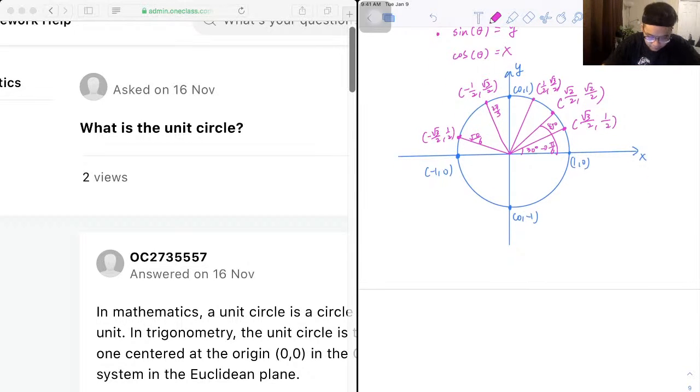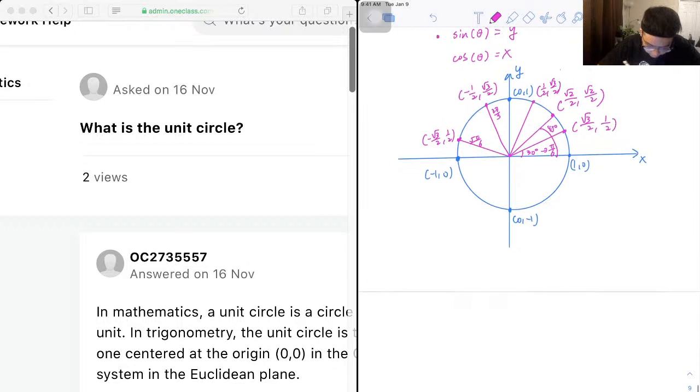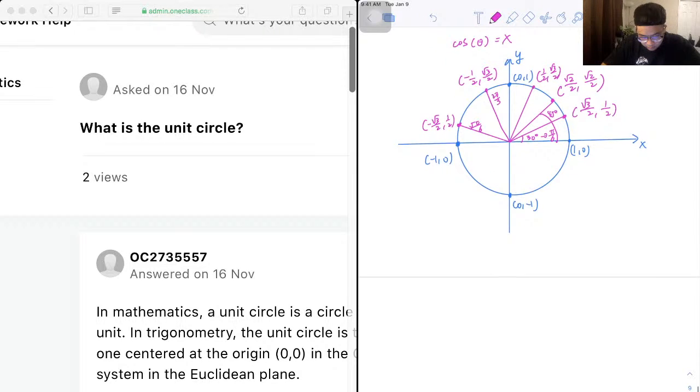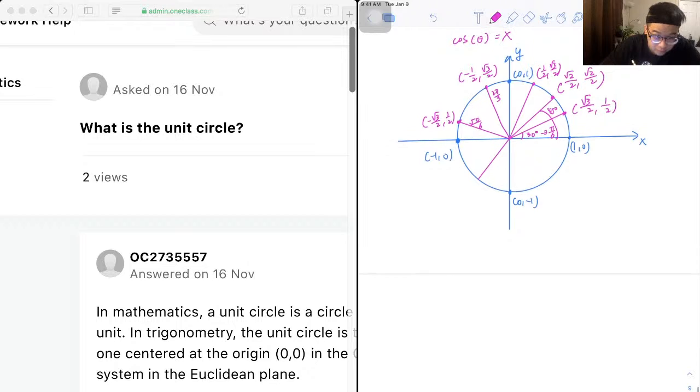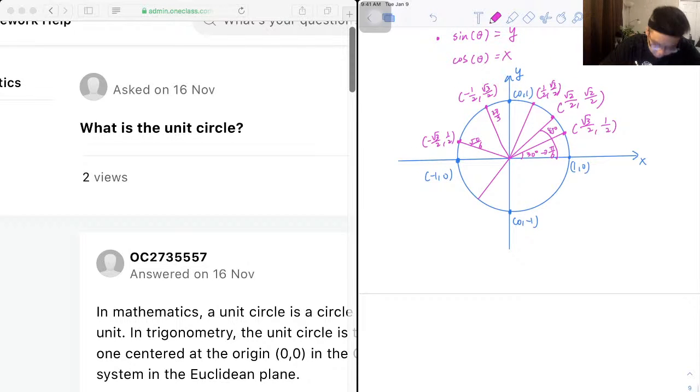Yep. And so I'll just give one example from both 3 and 4. So let's say we got 240 degrees, which is 4 pi over 3. And at this point it is negative 1 over 2, negative root 3 over 2. Because we're at quadrant 3, both the x-coordinate and y-coordinate are negative.